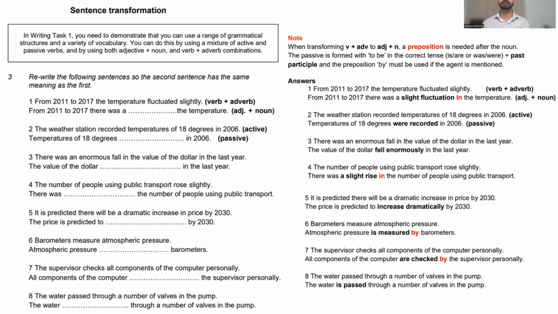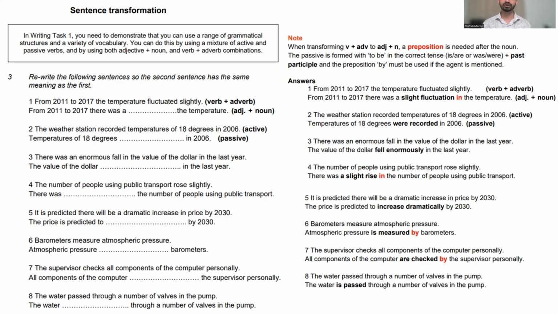You could just say temperatures of 18 degrees were recorded. If you're using were, the auxiliary, and the past participle. Recorded should be the past participle. It's not past simple. In your active voice, it's past simple, recorded, but here it's the past participle. Always remember you will use the past participle.